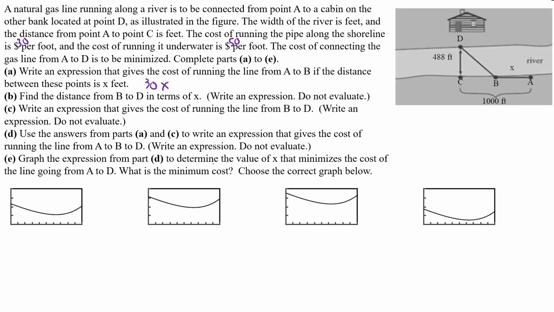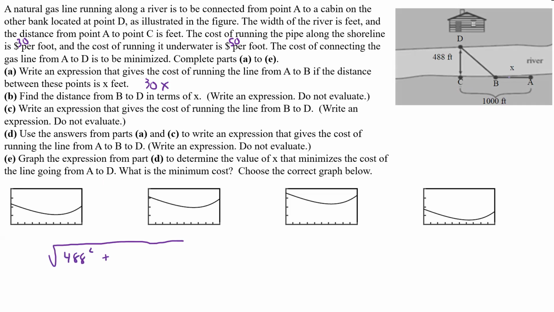Well, we need to use the distance formula. So I'm going to come down here and we're going to take the square root of, and we know the distance across the river is 488 feet. So that part we have down. That's going to be 488 squared. Again, we're just using the distance formula. And now we need to know how far it is from B to C. Well, how far is the whole distance from A to C?